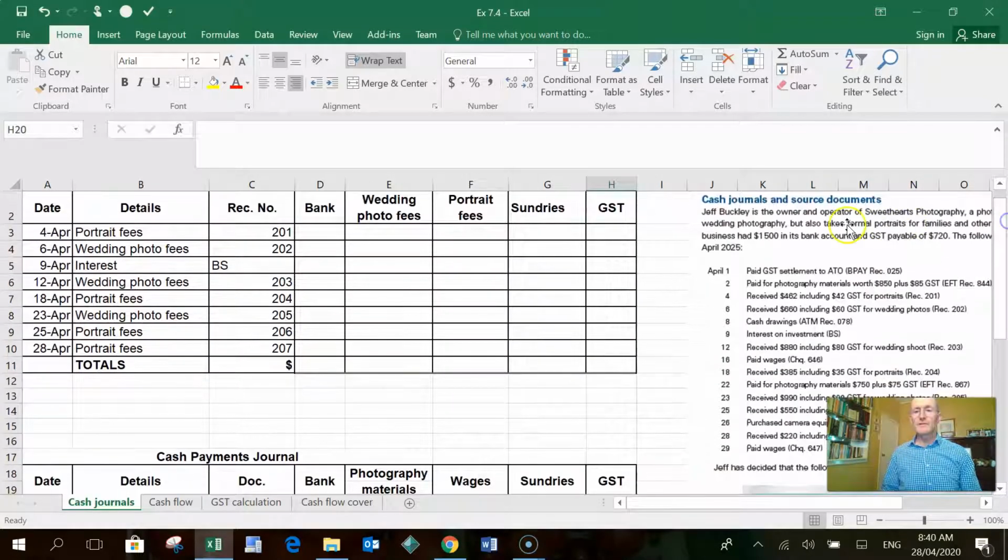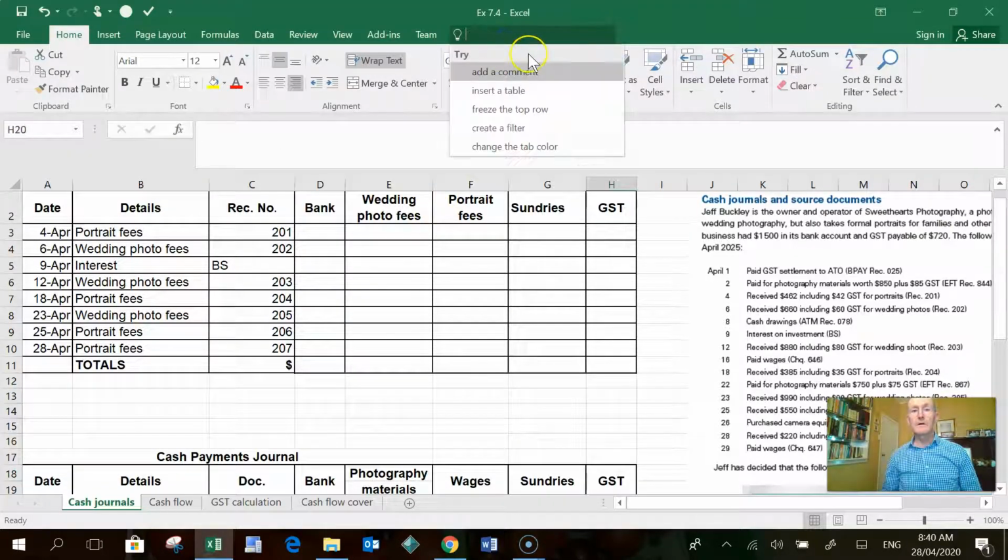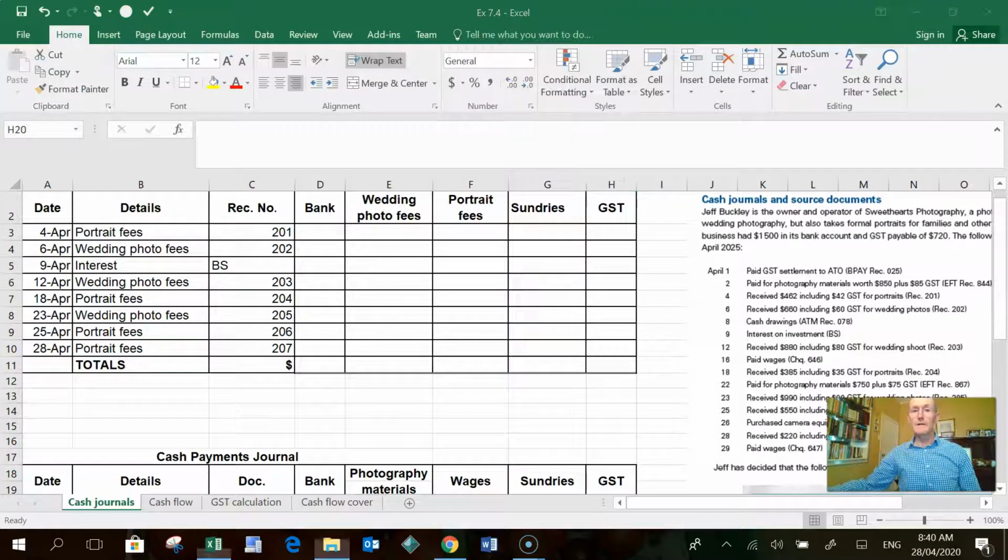You'll notice in the first transaction, we've paid the GST settlement to the Australian Tax Office. You can see up here, the GST payable was $720. That means that's the amount that needs to be paid to the government in the next reporting period. I'll try my little marker there.